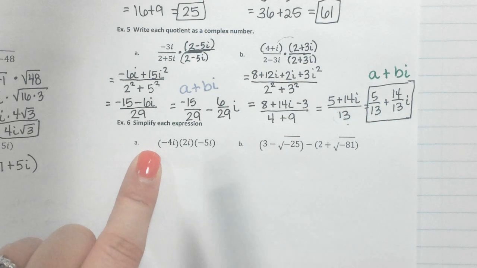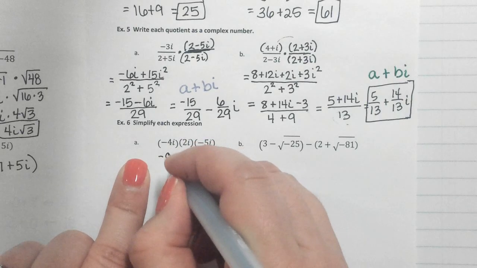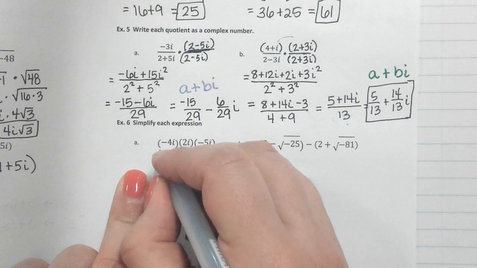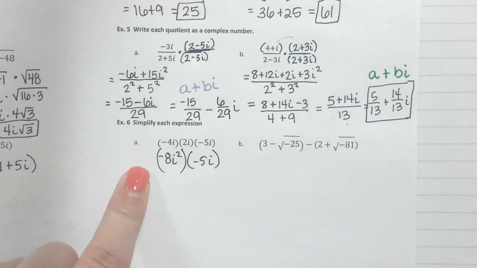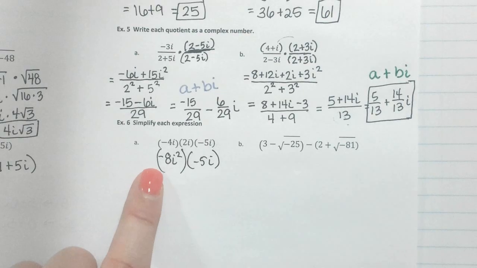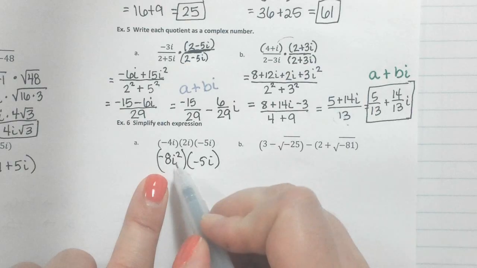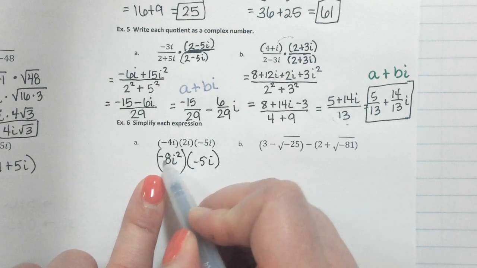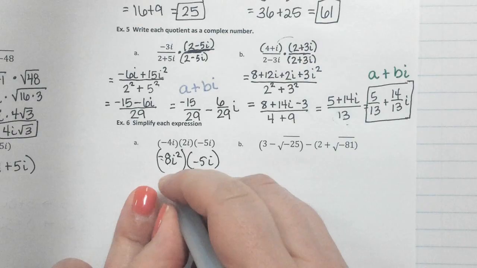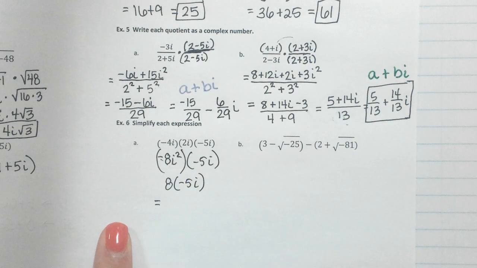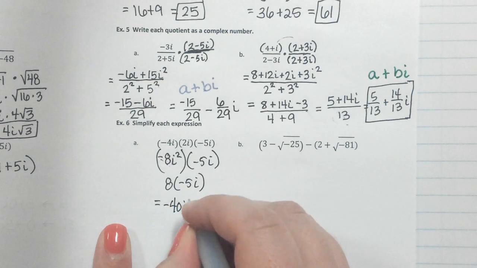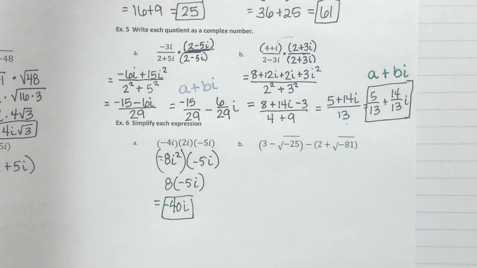Negative 4i times 2i is negative 8i squared times negative 5i. Can we simplify negative 8i squared? It would just be 8 because i squared is negative 1. Negative 8 times negative 1 is positive 8. So we'd have 8 times negative 5i. So this guy would simplify down to just negative 40i. Okay?